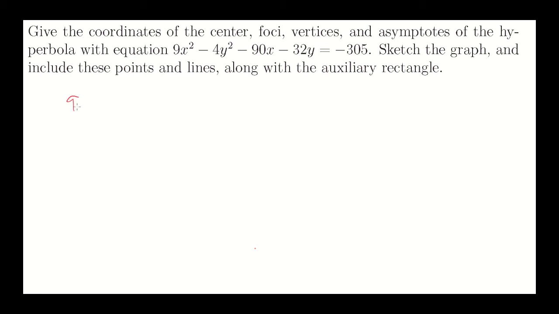So 9x squared minus 90x minus 4y squared minus 32y equals negative 305.